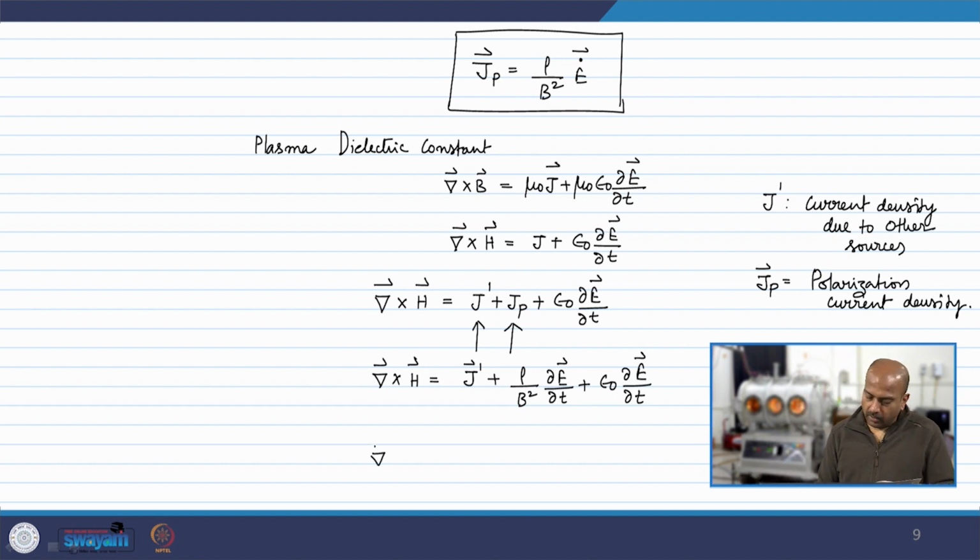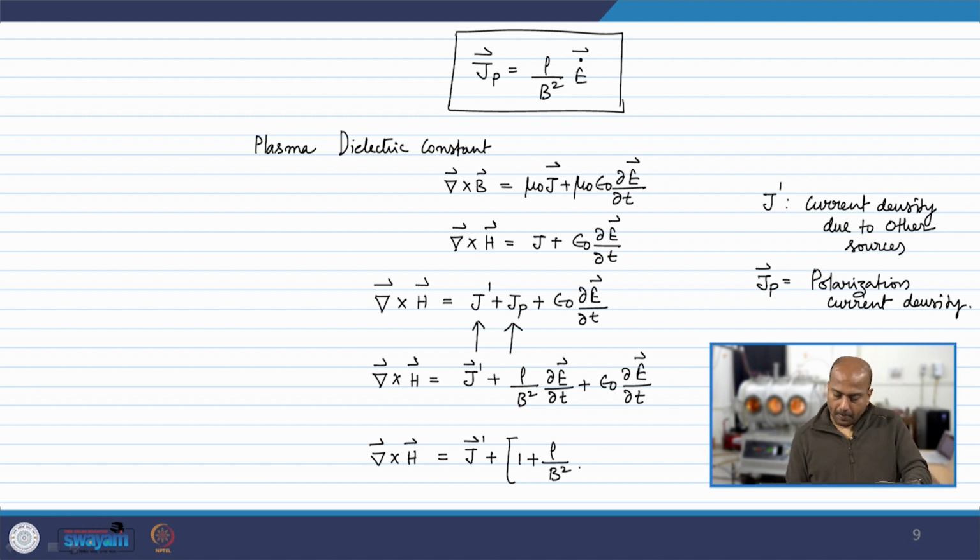Or we can rearrange the terms on the right hand side, with del cross H equals J prime plus epsilon naught times 1 plus rho by epsilon naught B square times dou E by dou t.